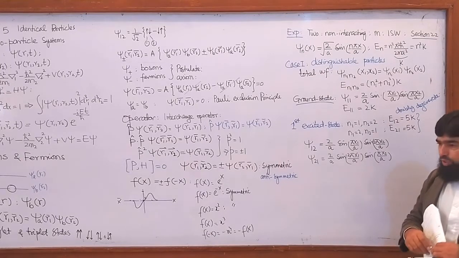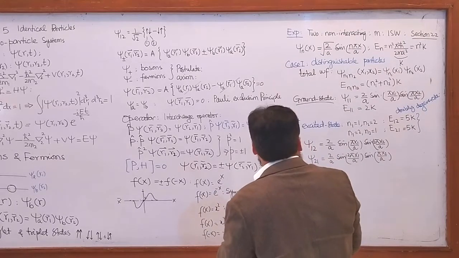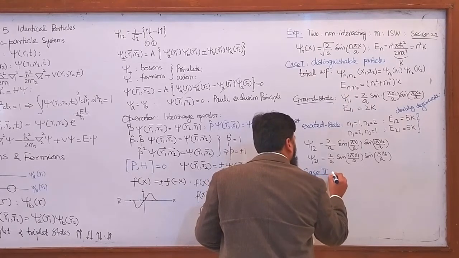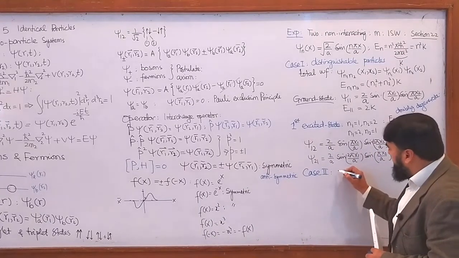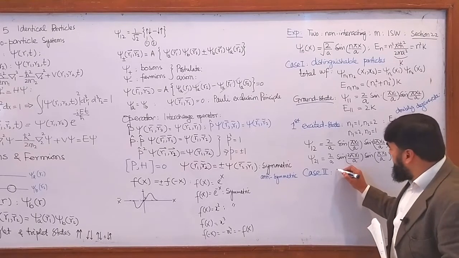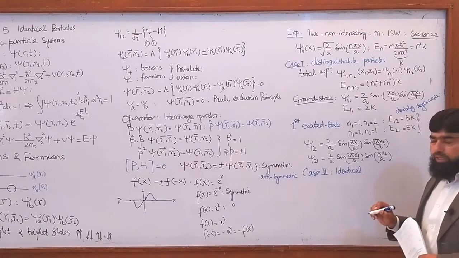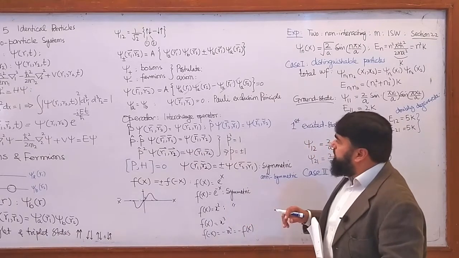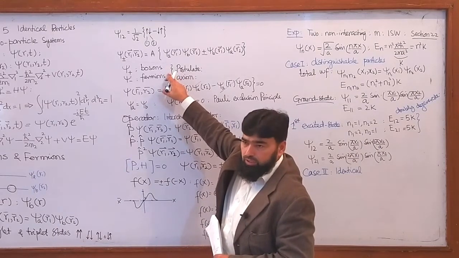Okay. Now we come to case 2, and case 2 is of indistinguishable particles, or we say that they are identical particles. But in identical, we have the situation of two different kinds of particles.